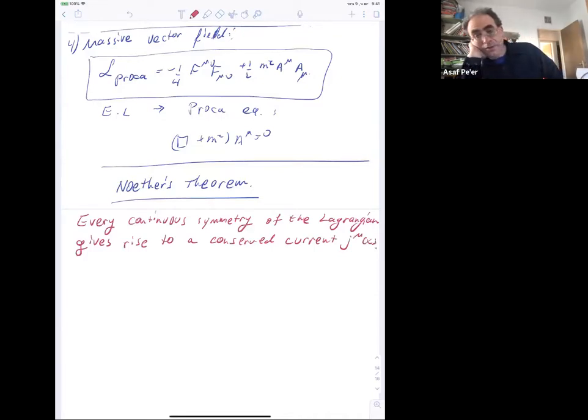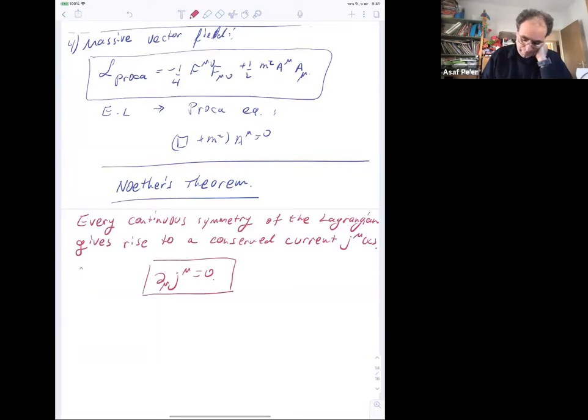Conserved current means that the equation of motion implies that d mu J mu is equal to 0. So once we have a symmetry of the Lagrangian, we know that something is conserved in the system. That dates back to Emmy Noether.